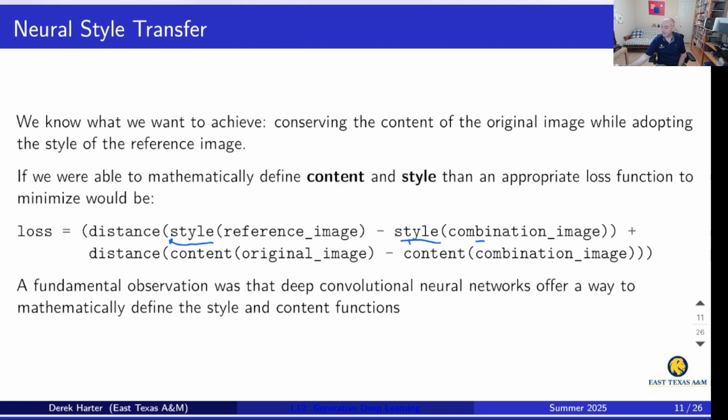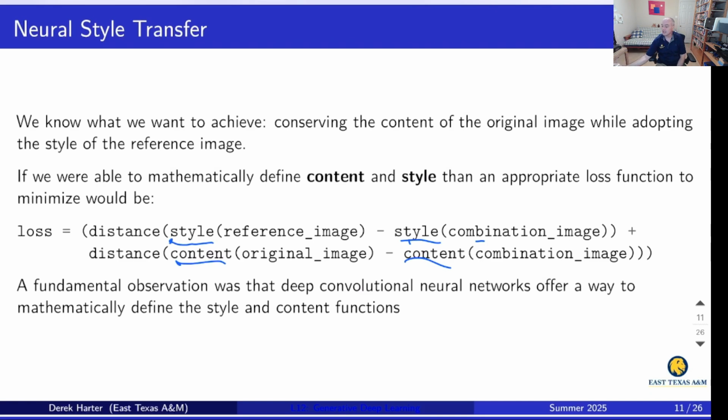And then we want to have some distance function that measures these. Likewise, for content, if we have a similar function that can measure content, what we want to do is measure the difference between the content of the original image and the new combined image, since we're trying to replicate the content from the original and apply the style from the reference.